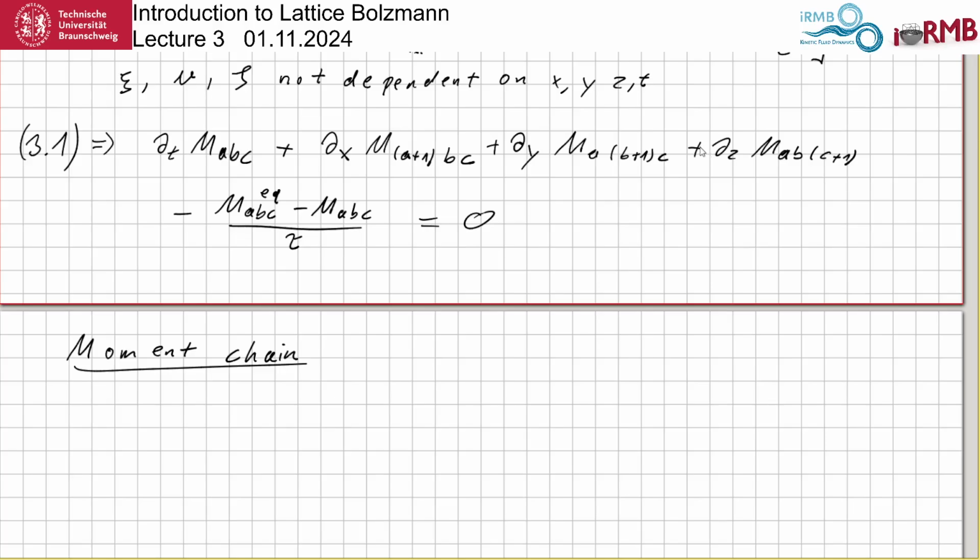Okay, so for example, let's look at the moment chain. Say a is equal to 0, b is equal to 0, and c is equal to 0.